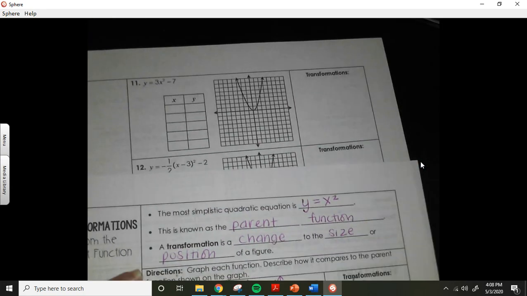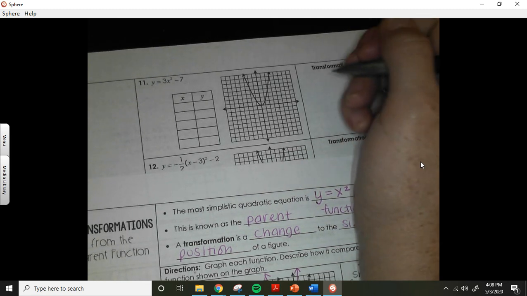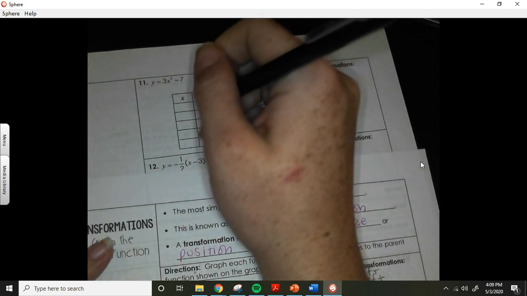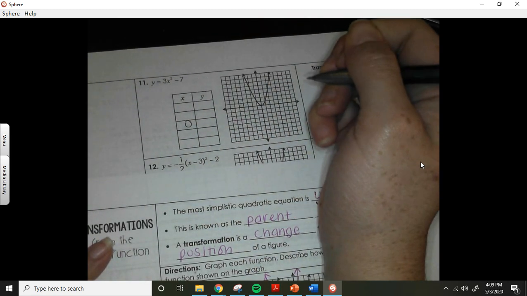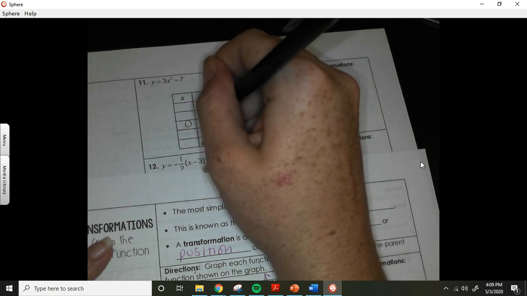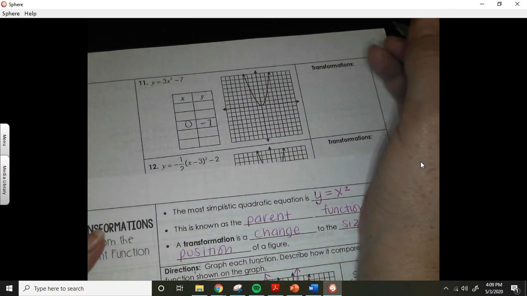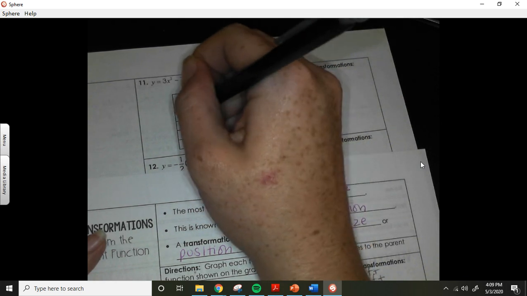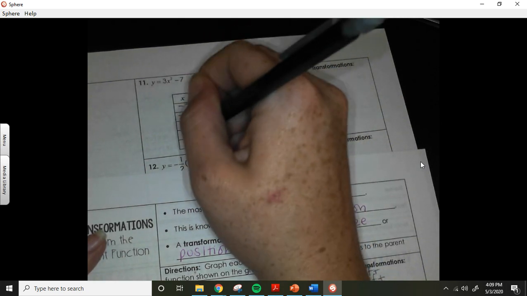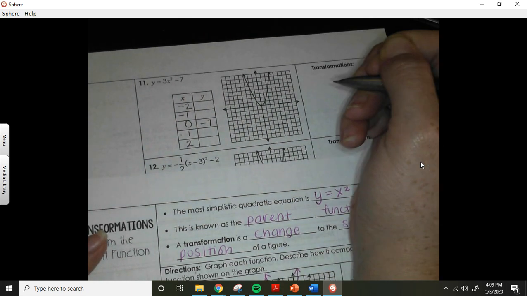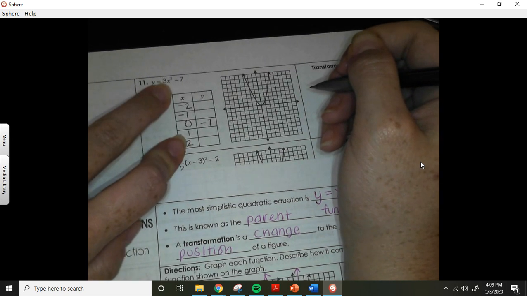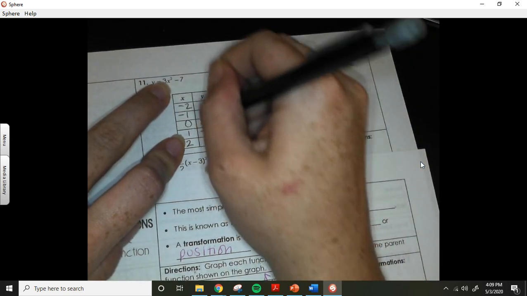So number 11 says, well, there's no b, so we know it's going to be 0. If we plug in 0, we get negative 7 as our y value. So going to the left, going to the right, and if we plug in 1, we get 3 minus 7, which is negative 4.